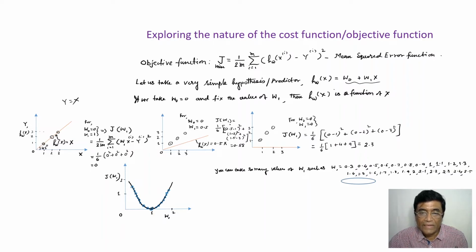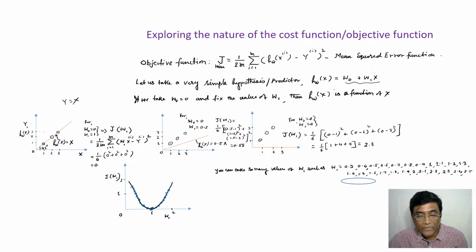And now you calculate the error. For sample 1, ground truth is 1 and predicted value is 0.5, so the error is (0.5 minus 1) square. Plus for the second sample, predicted value is 0.5 into 2, that is 1, and ground truth is 2, so (1 minus 2) square.